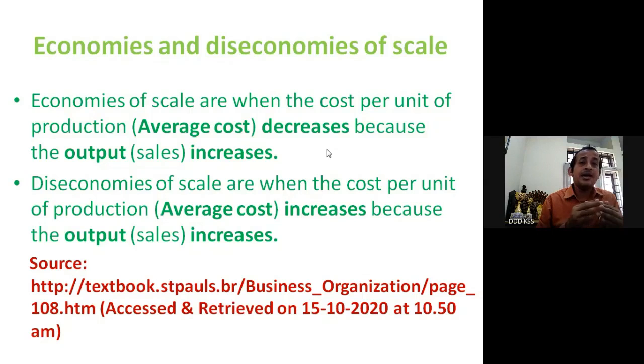But if the admissions increase from 30 to 40, 50, then the average cost to serve each student will decrease. In that case, economies of scale will move to a higher position. And when the university secures 60 admissions, economies of scale for that particular classroom will be at the highest level.